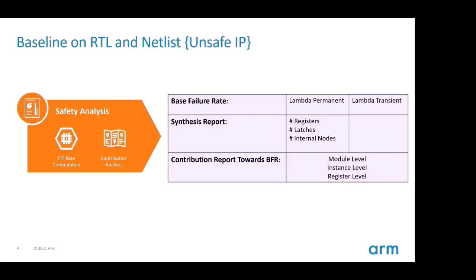It also gives us the PPA, power, performance, and area impact, the number of registers, latches, internal nodes, and so on, and gives us a very meaningful report at the module, instance, and register levels. Okay, great. So these module, instance, and register reports are with respect to the FIT or base failure rate contributions? Yes. I see.